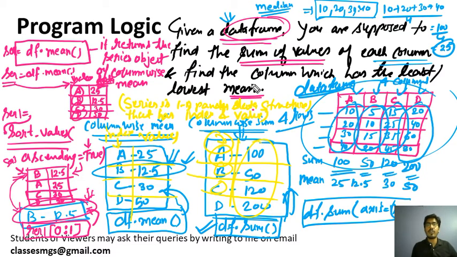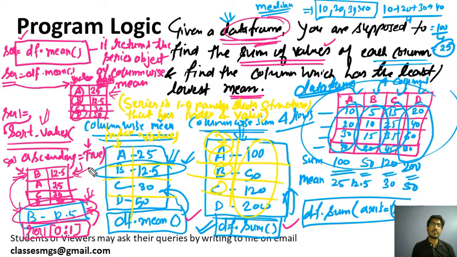Okay, so you should know what a data frame is, you should know what the sum is, and how to calculate the sum using the sum function. You should know how to calculate the mean in a data frame with the df dot mean function. Then you should know what df dot mean actually returns, a series object. Then you should know how to get the lowest mean column. The lowest mean column can be obtained by sorting the series object in ascending order and then accessing the first element.